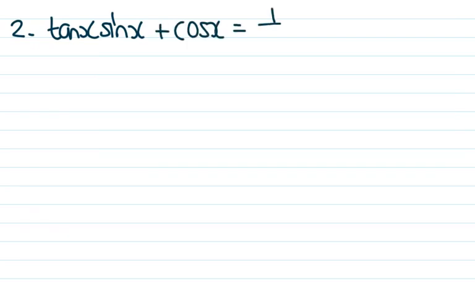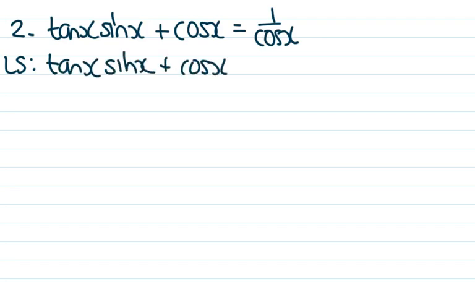Number 2. Prove tan x sine x plus cos x equals 1 over cos x. So let's split them up. The left side equals tan x sine x plus cos x, and the right side equals 1 over cos x.